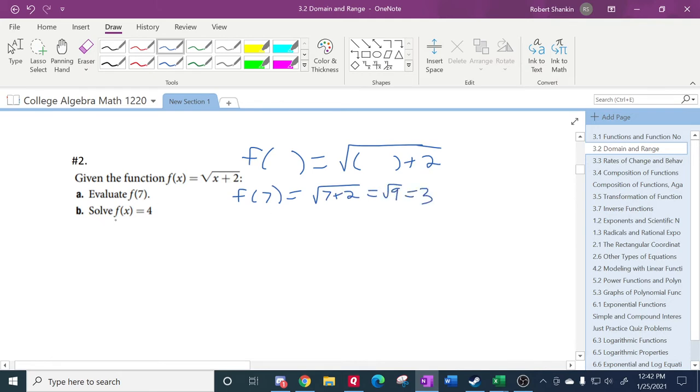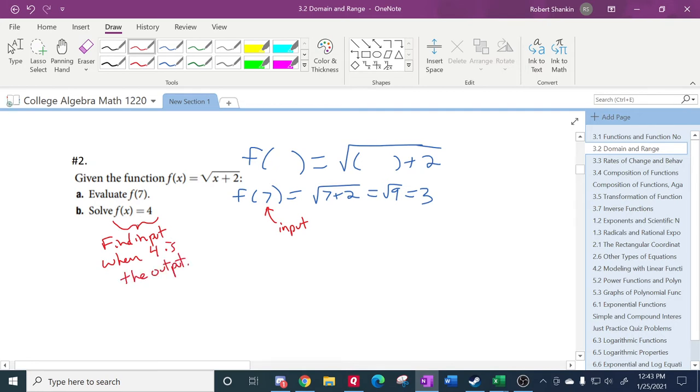Now, this one, when we put a number in here, this was the input to the function. And it went here and here. When we say this, it is the same as saying find the input when 4 is the output.